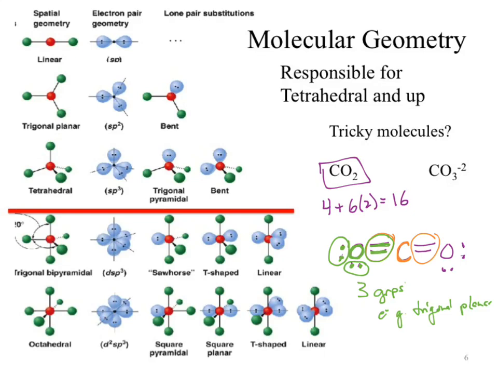When we take a look at that, and we now want to push it to our molecular geometry, we would look at our trigonal planar line, and we'd try and find the category where we had 2 groups of electrons. Okay? It didn't show us 2 groups of electrons. Why? What's the geometry?